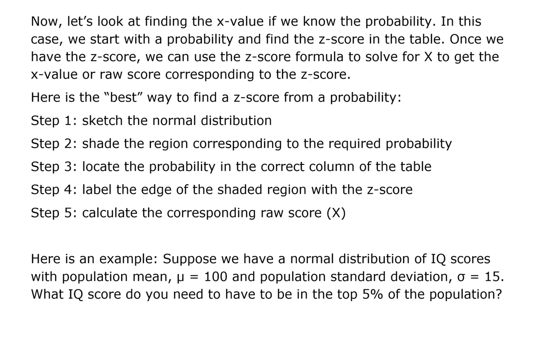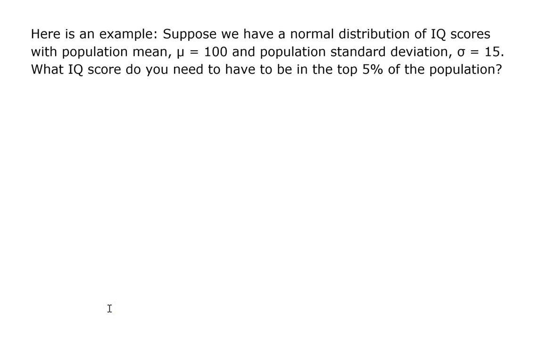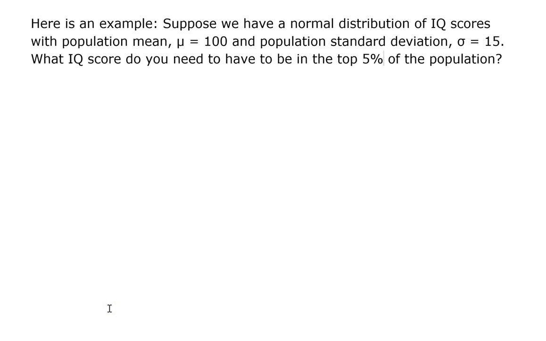So here's an example. Suppose we have a normal distribution of x scores with population mean mu equal to 100 and population standard deviation sigma equal to 15. What IQ score do you need to have to be in the top 5% of the population? So let's go ahead and sketch this out.